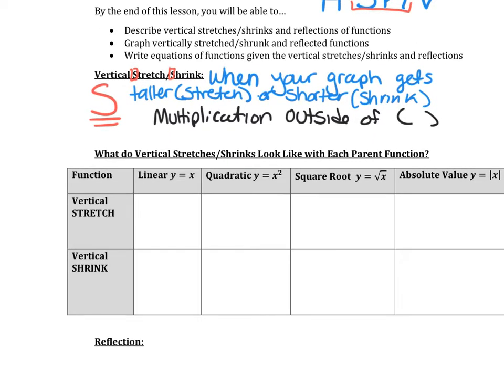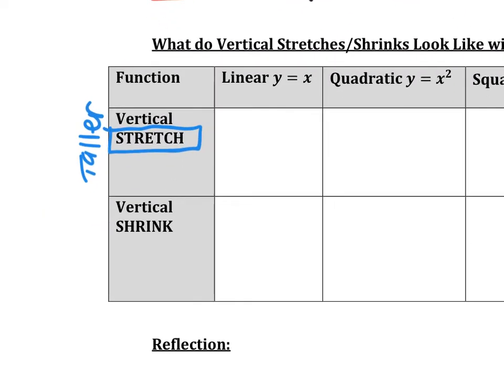In order for it to be a vertical stretch, so our graph gets taller, or it increases quicker, we multiply by a number that's greater than 1. So any number that's bigger than 1 would be a vertical stretch. For a vertical shrink, again, this is when our graph gets shorter.